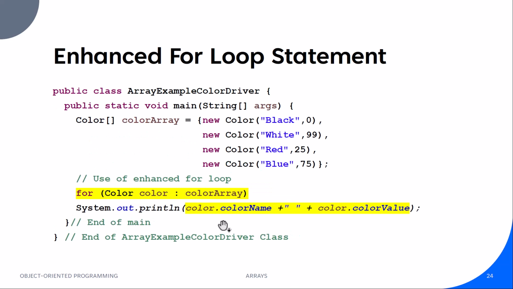Here's another example, and remember we had a color array and we have this color driver class, and we are creating the color array and we are assigning values to the elements of the array. And we can use enhanced for loop statement here, and we can specify the type of the array elements such as color, and here is our color variable, local variable, and we are iterating the elements of the color array.